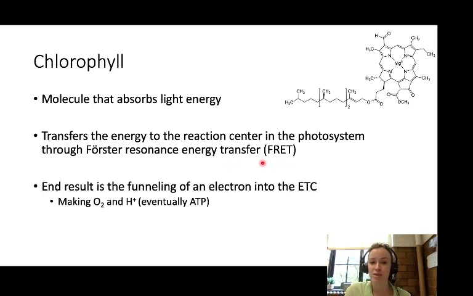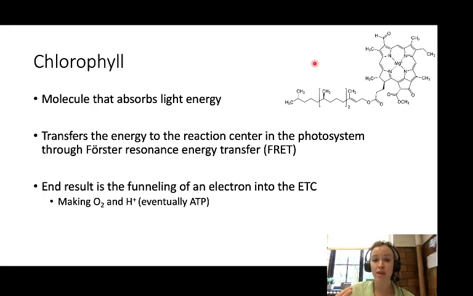And for the chemists in the room, it does this by a technique called FRET, or Förster resonance energy transfer. Basically what happens is when this molecule absorbs light, it then releases light onto the reaction centers.